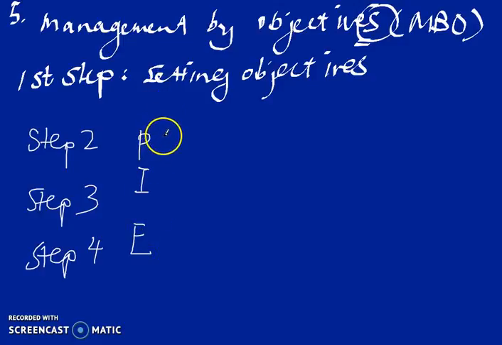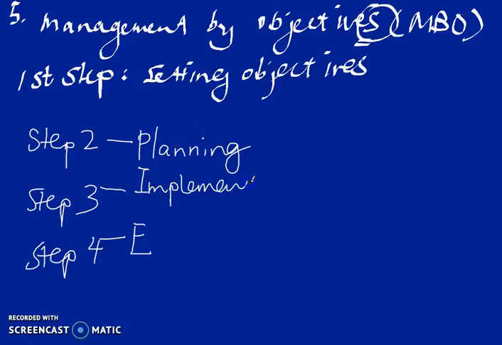And this acronym, the first one, P, actually stands for planning, the third step, I, means implementation, and the fourth and the last step is evaluation.